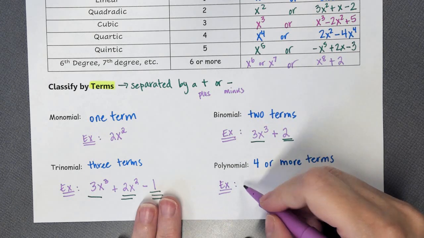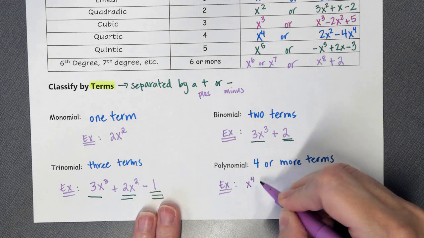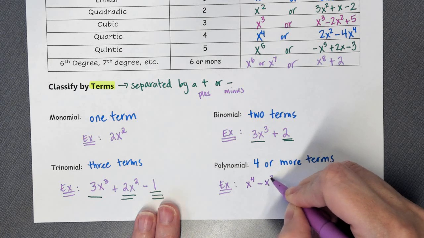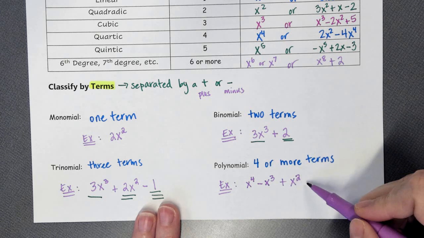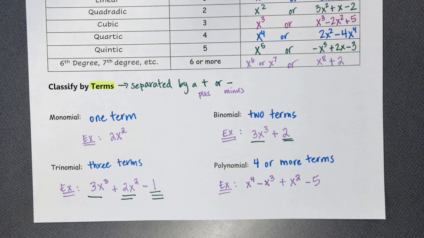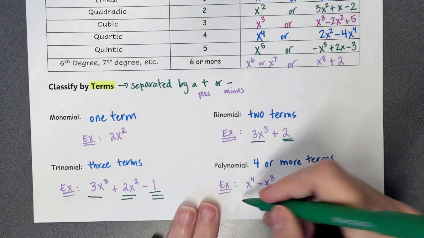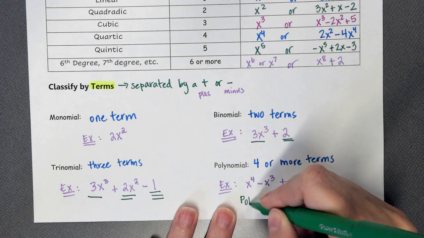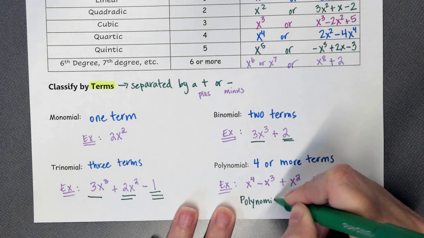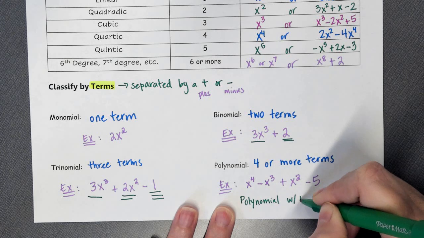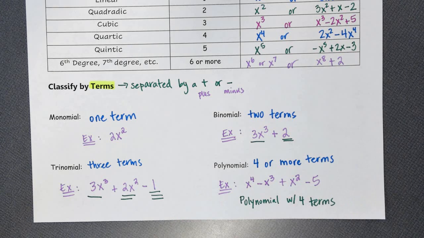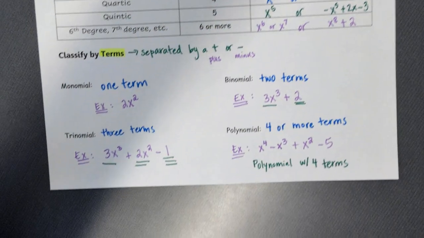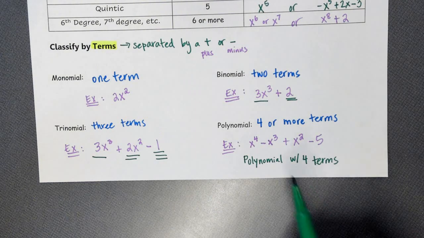Okay, so that could look like this. X to the 4th minus x cubed plus x squared minus 5. Okay, and the way that we would name this is a polynomial with 4 terms. We're going to need that for our next part. Okay, so a polynomial with 4 terms.